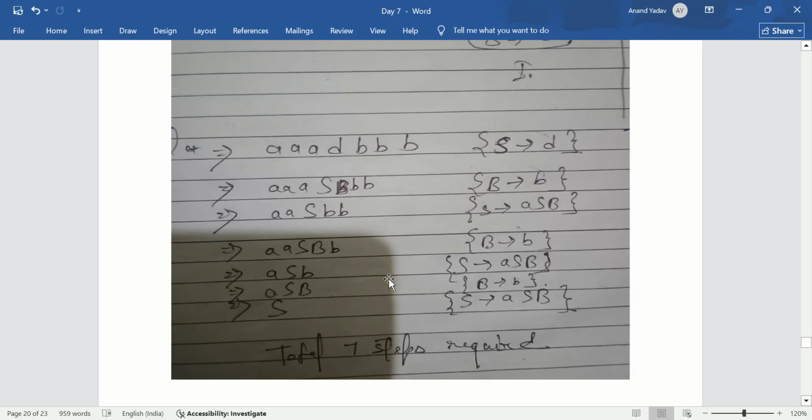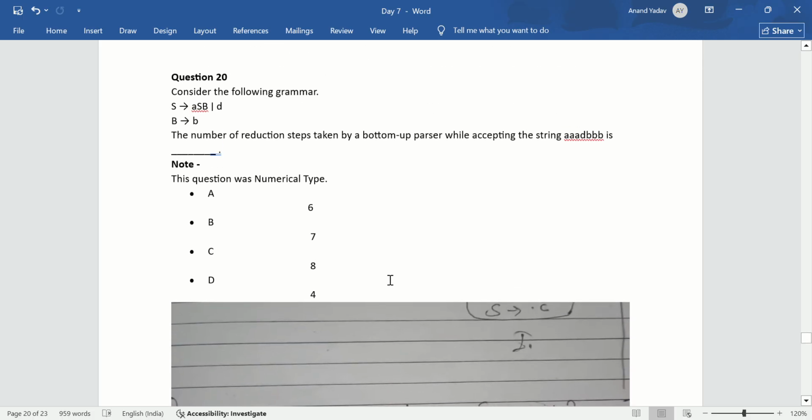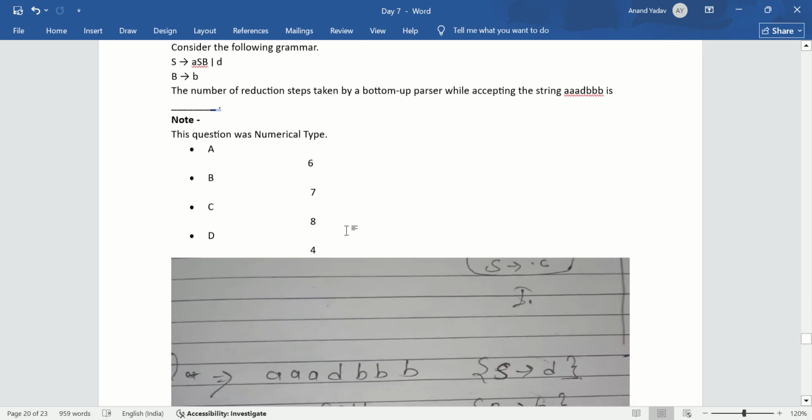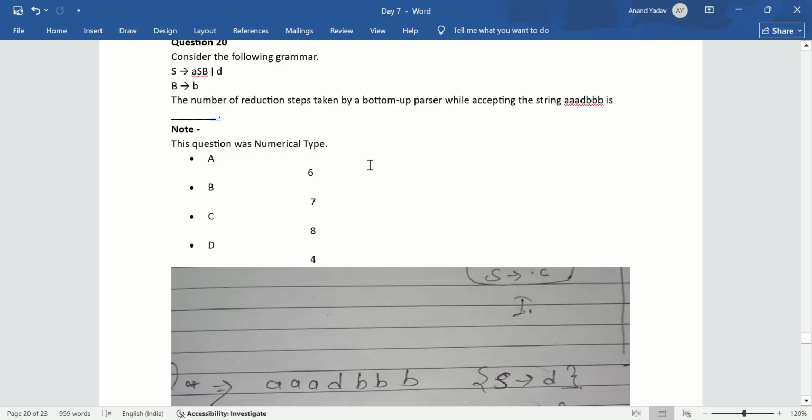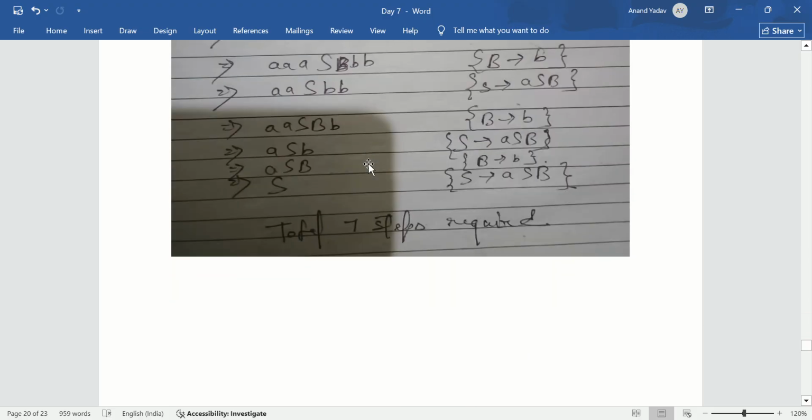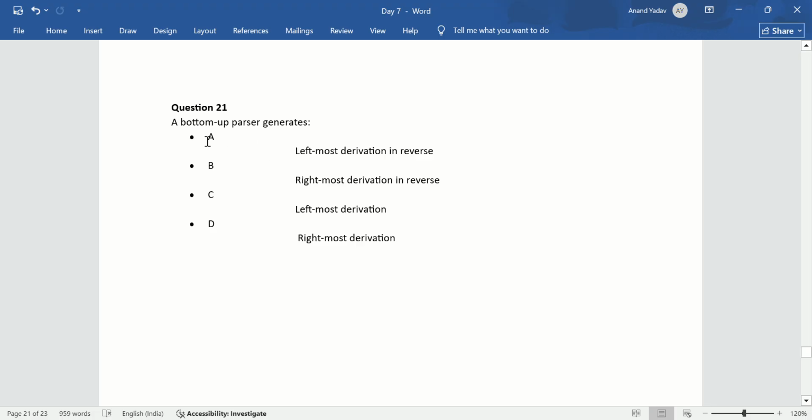A total of 7 steps are taken using these productions. In this way I solve this question. You also make practice so that you can better understand.